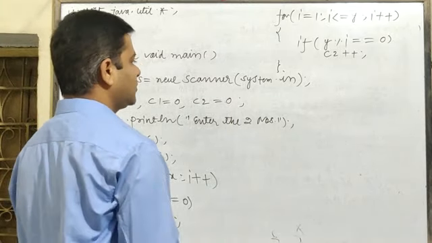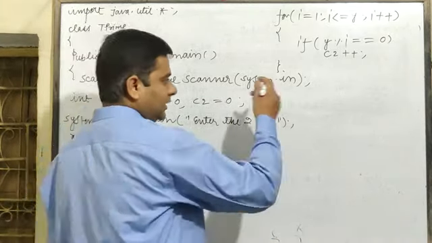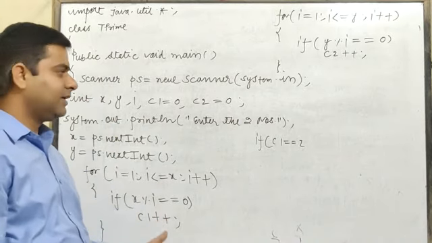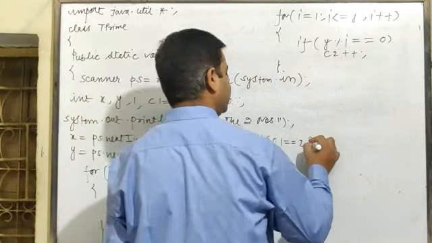So after coming out from this loop, we will write down the condition here: if C1 equals to 2. If the value of C1 is 2, it means x is prime because x is having two factors. The number of factors of x we are counting in C1, and C2 also is equals to 2.